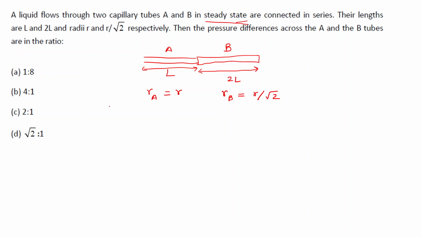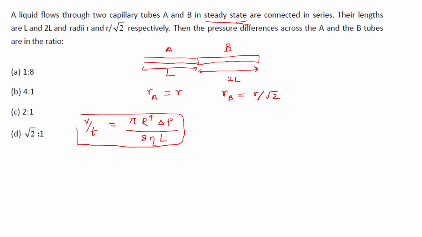Using Poiseuille's equation. Recalling what Poiseuille's equation was, the volume of liquid flowing per unit time is given by the expression pi r to the power 4 times the difference in pressure divided by 8 times the coefficient of viscosity and the length. This is the expression in general.